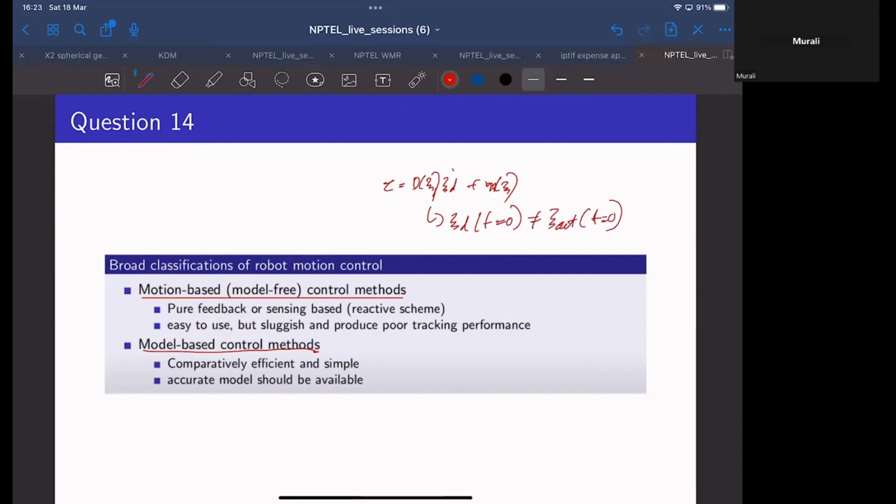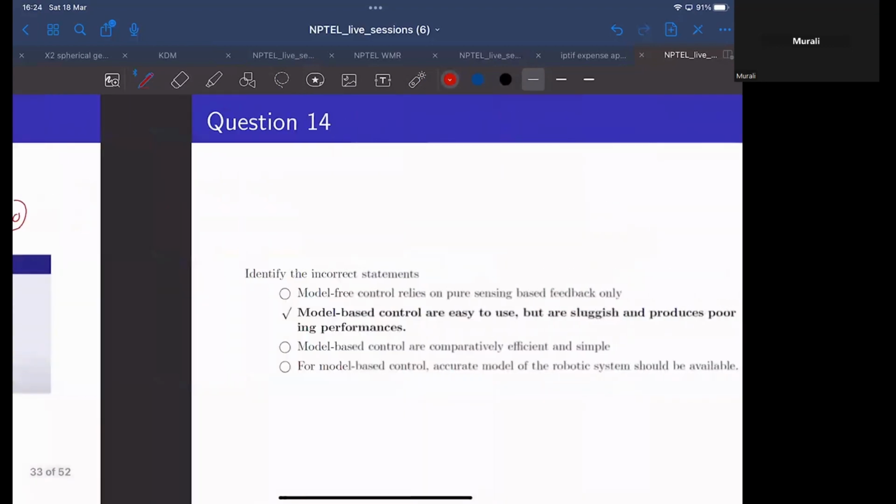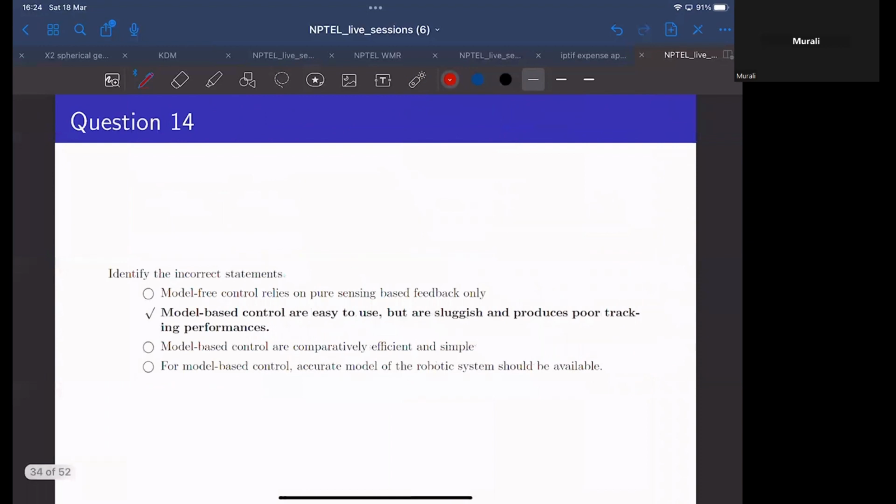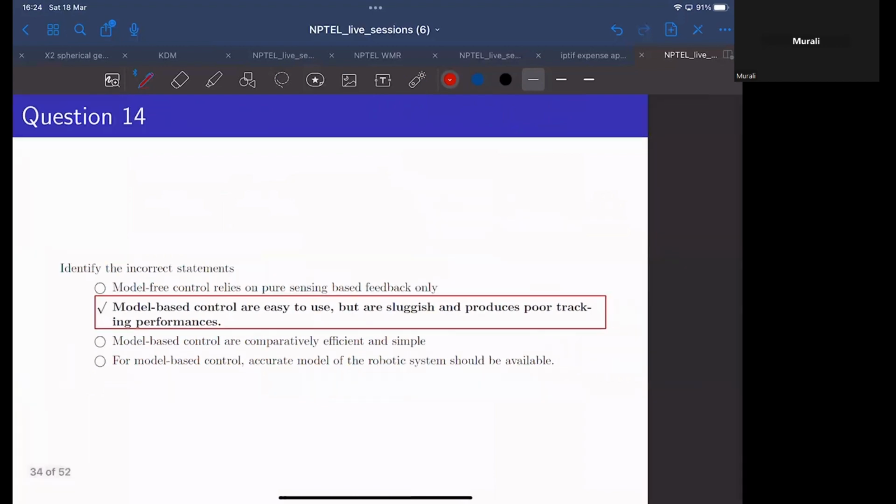So again, a lot of limitations are there, we have to make sure that the initial conditions are matched, right? So again, that's why they say accurate models. So indeed, the correct answer is option B. The question was to select the incorrect option, and out of all the 4 options, option B was the incorrect statement.